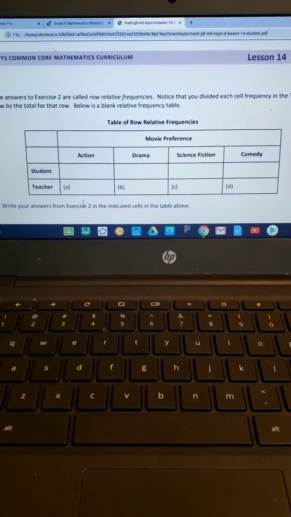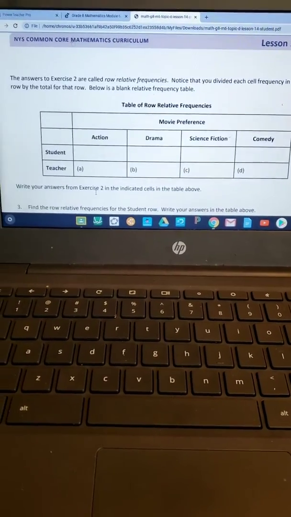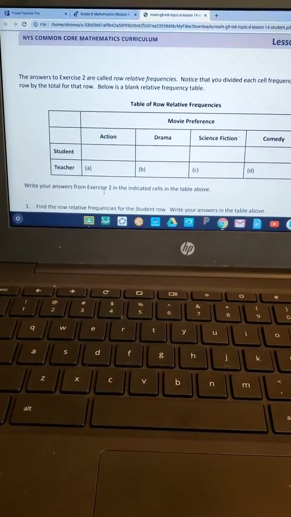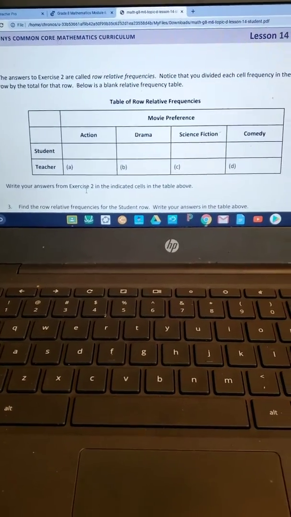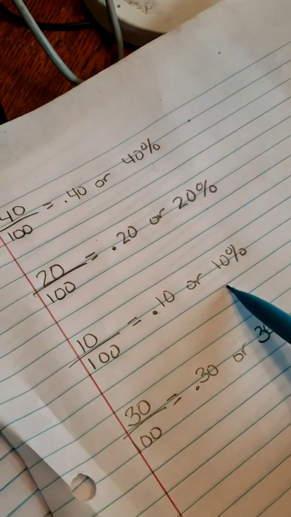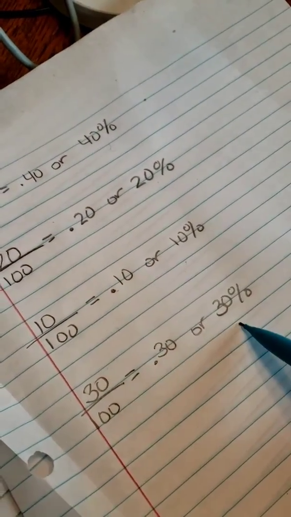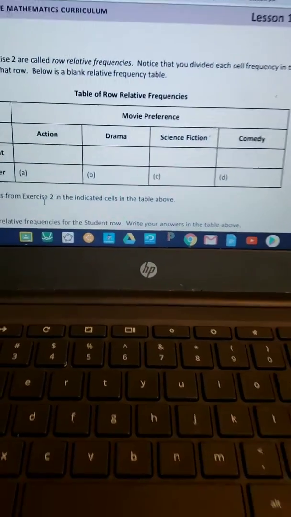So the answers that we got for A, which is 0.40, should go in the teacher A column. For B, we should get the 0.2. For C, we should get the 0.10. And then for D, we should get the 0.3. So that's what you're going to fill in for this A, B, C, and D portion right here.